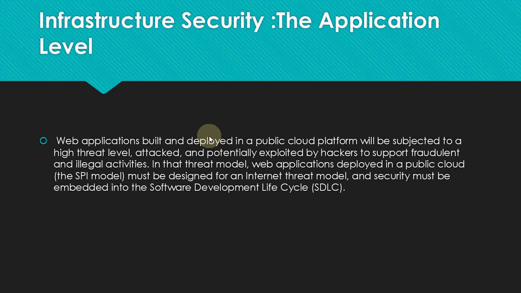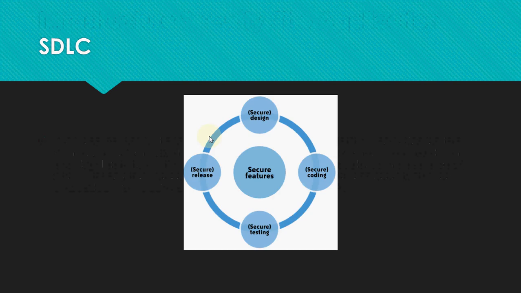Suppose security features are given at the design level, some at the test level, and at the coding level. By using those security features of cloud security, you may implement cloud security inside the application, and that is the software development life cycle.